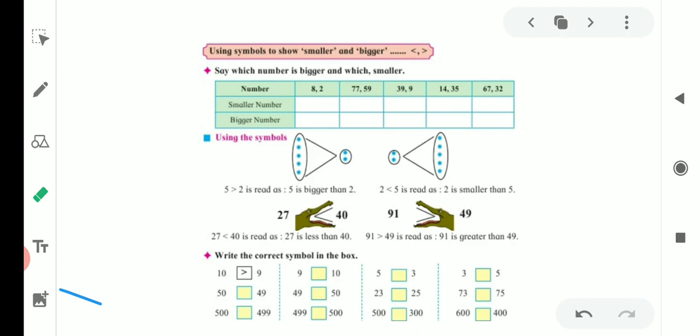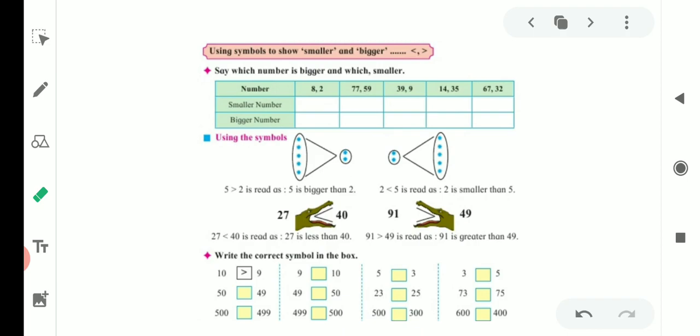So this crocodile always wants to eat bigger numbers, so his mouth always faces towards the bigger number.